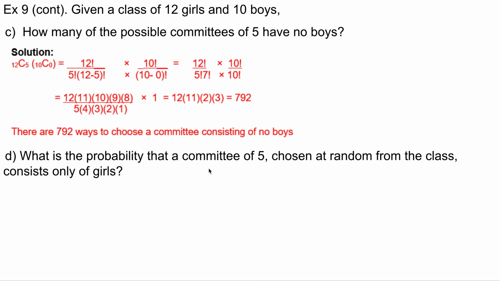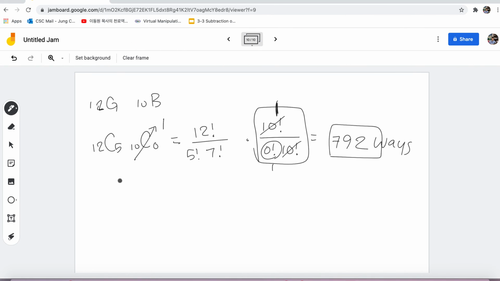And we already found the number of committees of 5, right? So the probability of no boys should be 792 over the total number of committees of 5 members.